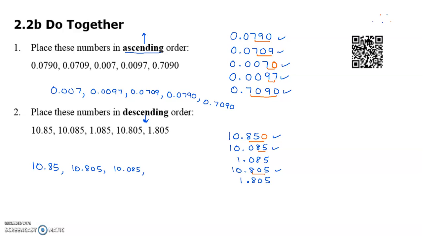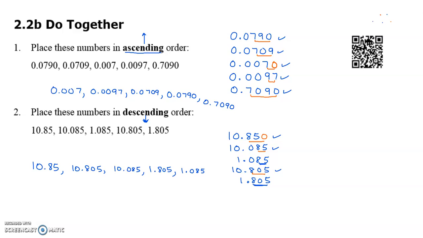And now we're going to compare the ones because they're our little guys. 1.085, so that's like 85, and then 1.805, that's like 805. So that 805, 1.805 is larger, and my smallest number is 1.085.